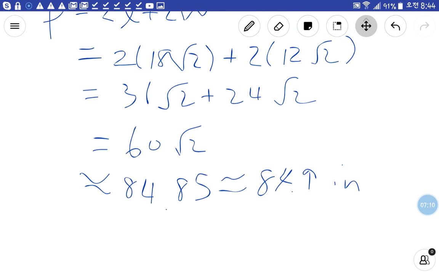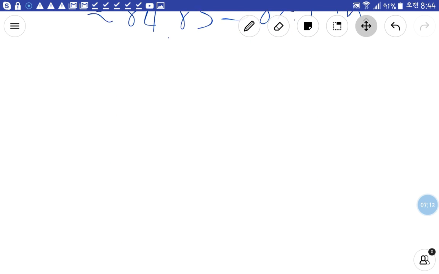Okay? Alright, B. Describe a different sequence of steps which you could use to compute the perimeter of the window. The length of the diagonal of a square of side 6 can be found using the Pythagorean theorem.